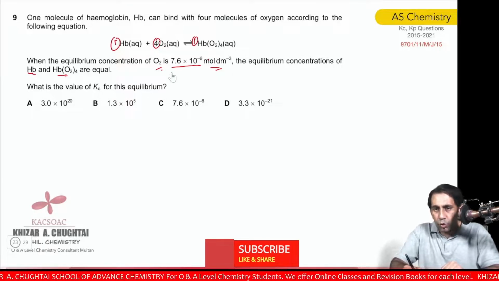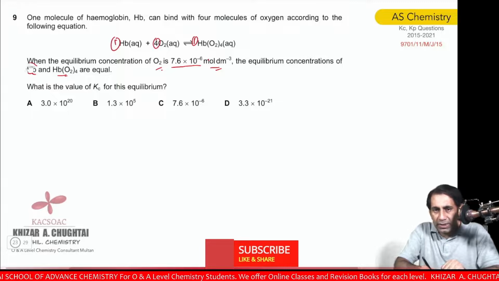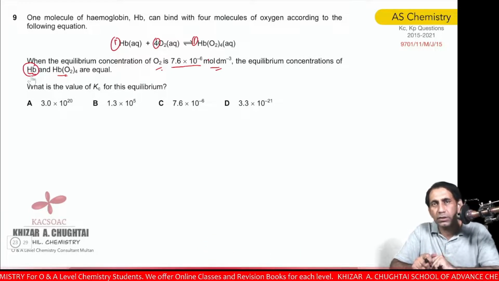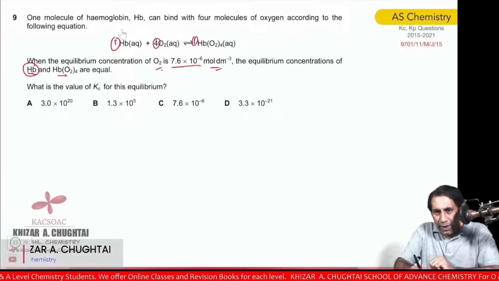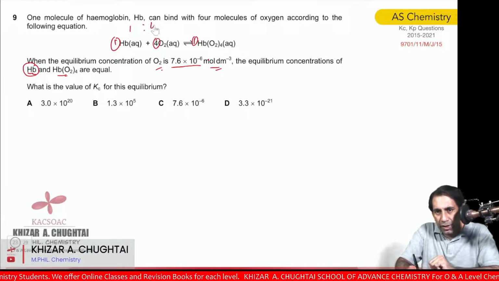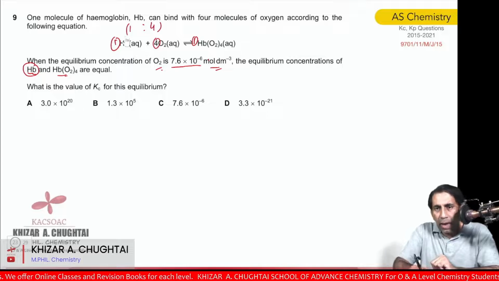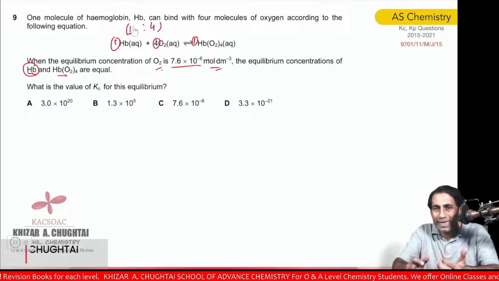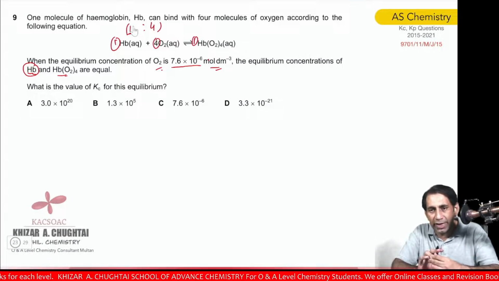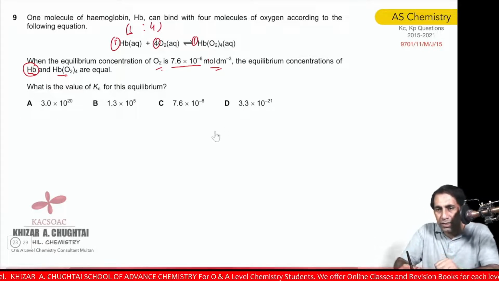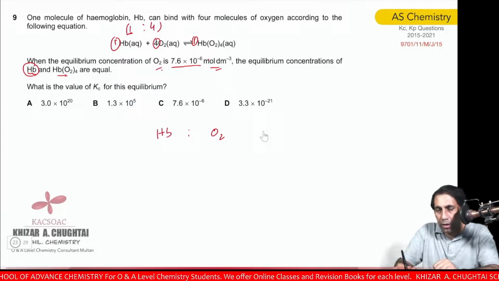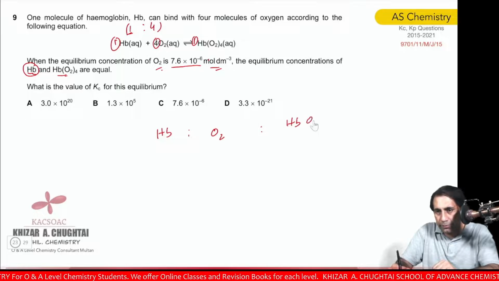So what should be the concentration of hemoglobin at dynamic equilibrium? You know that the ratio between hemoglobin and oxygen is 1:4. This hemoglobin is 4 times less as compared to the concentration of the oxygen at that state of dynamic equilibrium. Oxygen, hemoglobin, and there must be the oxyhemoglobin.